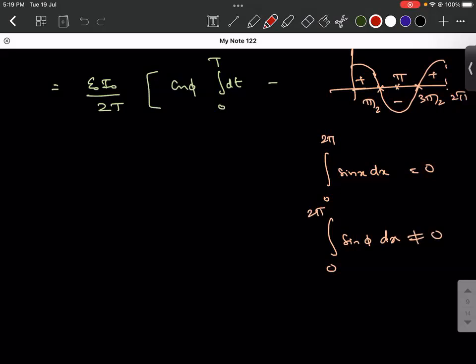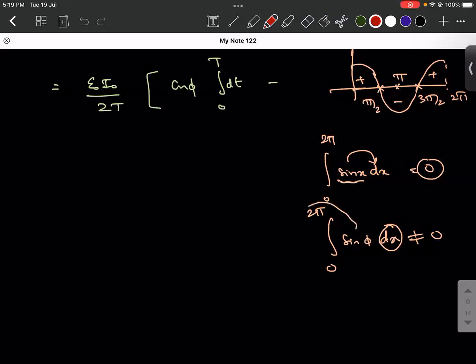What do I mean by this? You need to observe which function you're trying to integrate. If the function inside the integral is a function of the independent variable, then the value will become 0. Else it is not 0.